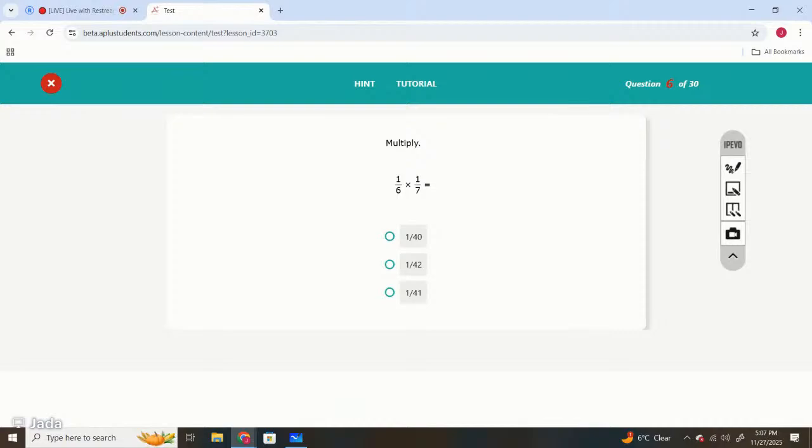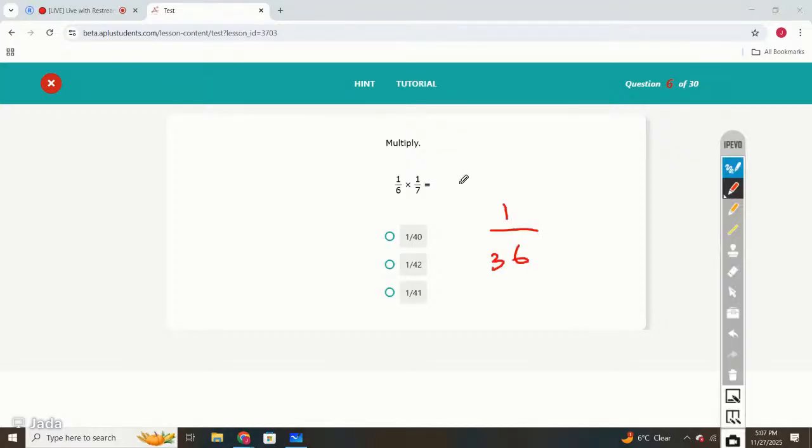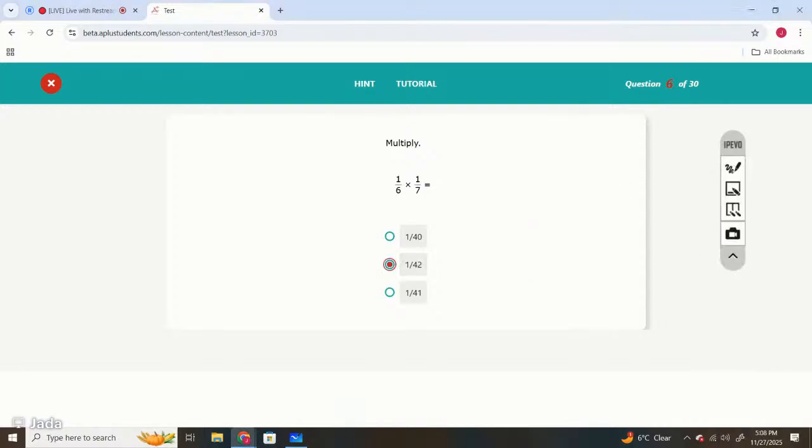1 by 6 times 1 by 7. 1 times 1 is 1 and 6 times 7 is 42. Option number 2 is the correct option, that is 1 by 42.